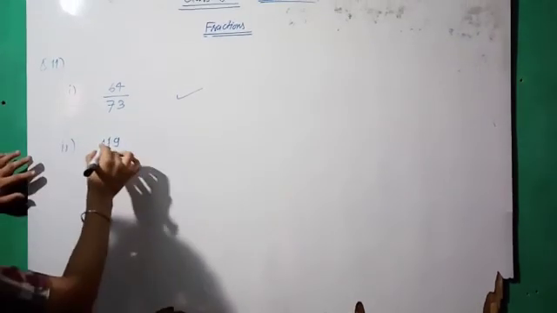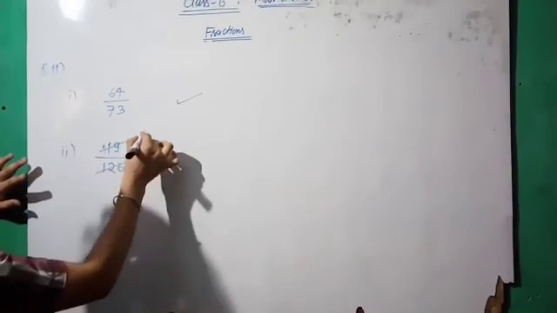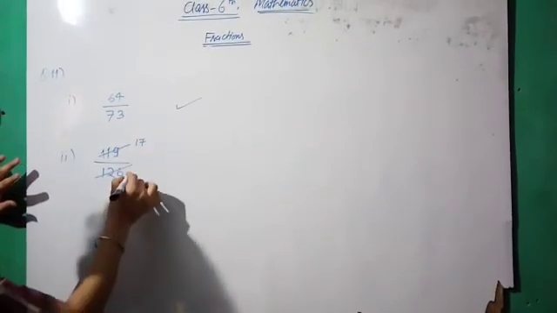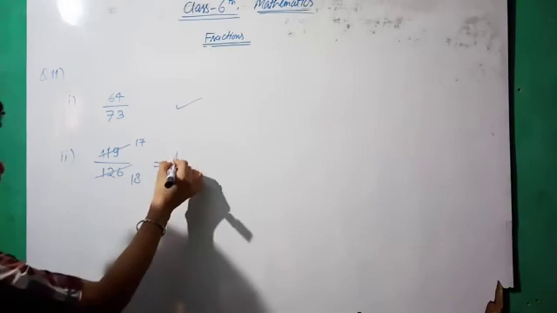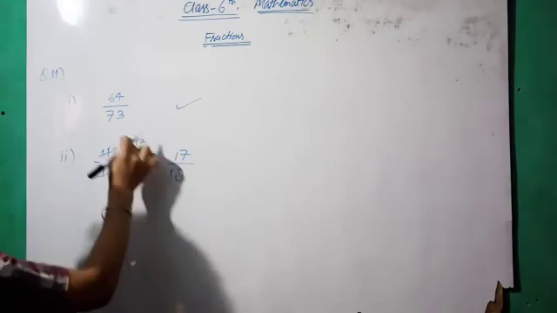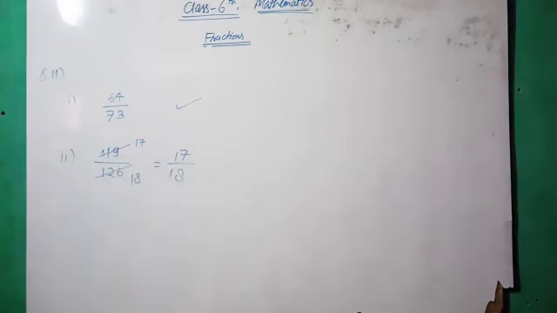You know, 17 sevens are 119 and 18 sevens are 126. So 17 upon 18 is the simplest form of this fraction.